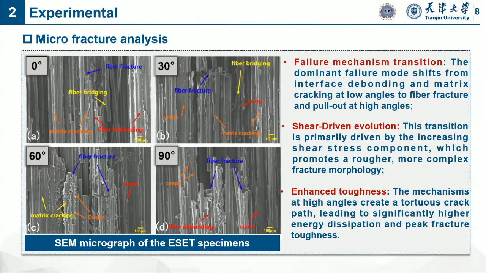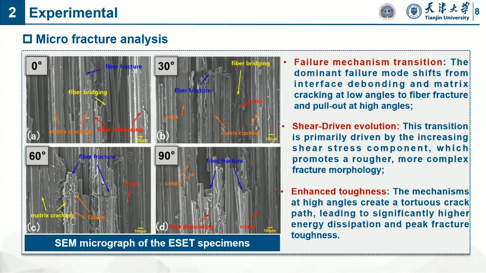For micro fracture analysis, we observed 0, 30, 60, and 90 degrees by SEM micrograph. The dominant failure mode shifted from interface debonding and matrix cracking at low angle to fiber fracture and pull out at high angles.